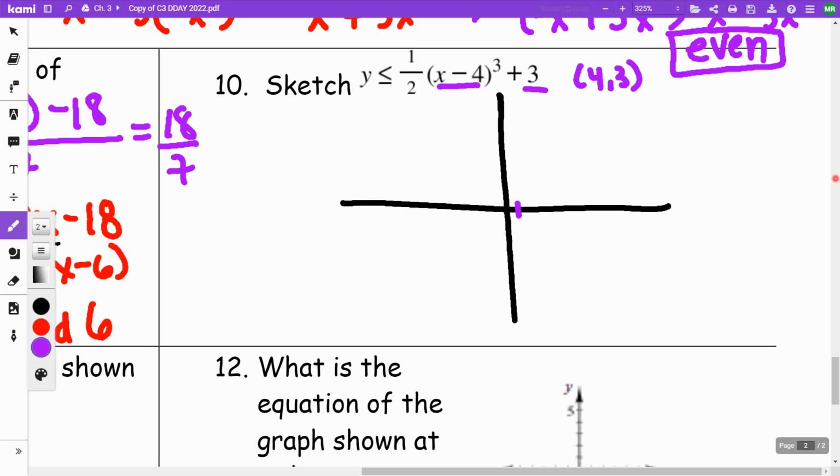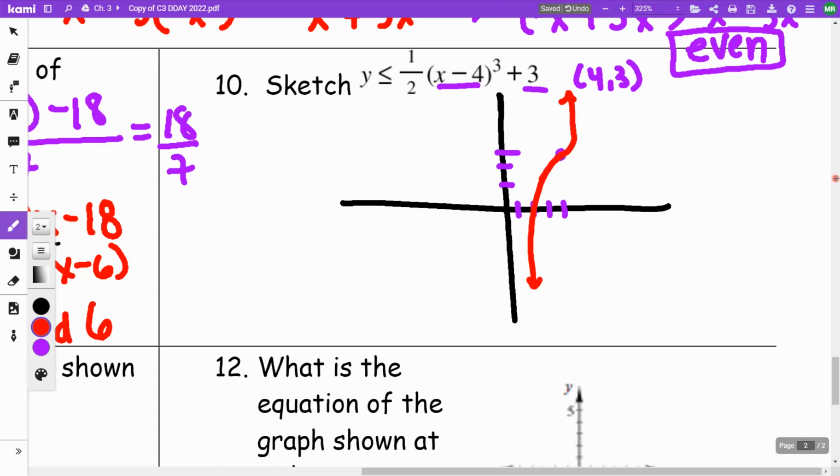So if I go 1, 2, 3, 4, 1, 2, 3, I have an inflection point there. It is going to have a 1/2, which is going to make this look a little wider. But I'm just going to do a sketch at this point. It is going to be solid.